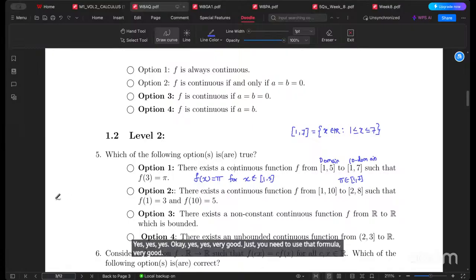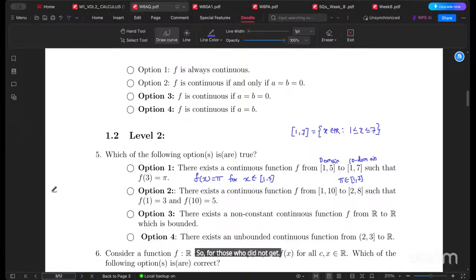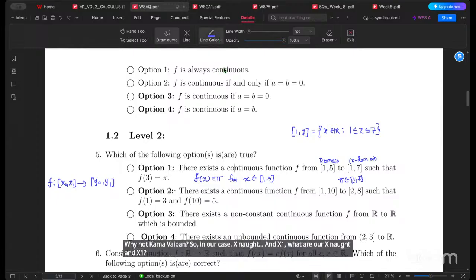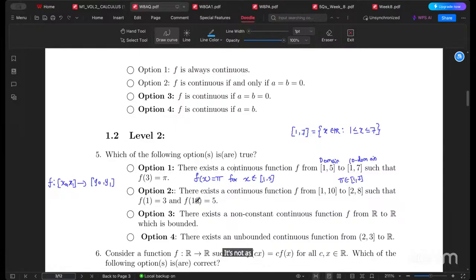Very good. So for those who did not get what she mentioned, suppose you want to have a function f from [x0, x1] to [y0, y1]. In our case, what are x0 and x1? x0 is 1, x1 is 10. And what are y0, y1? 3 and 5.